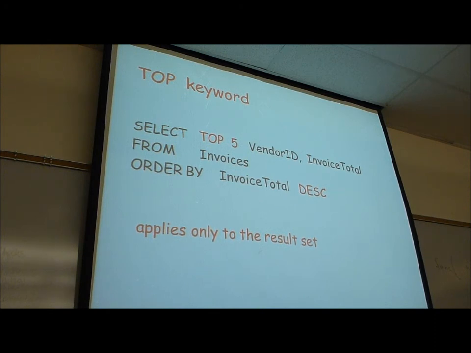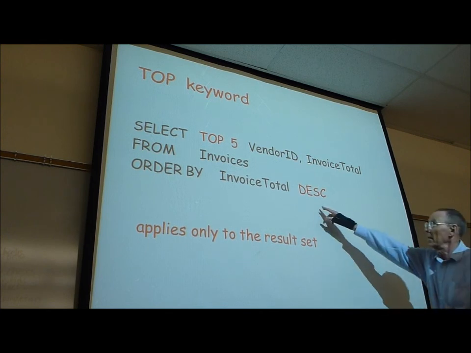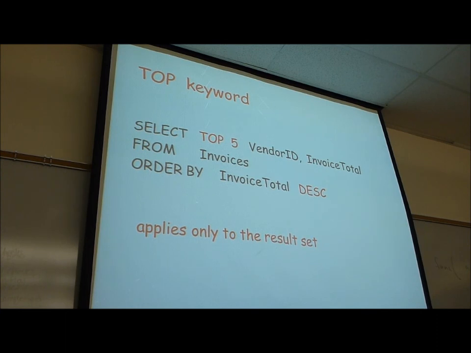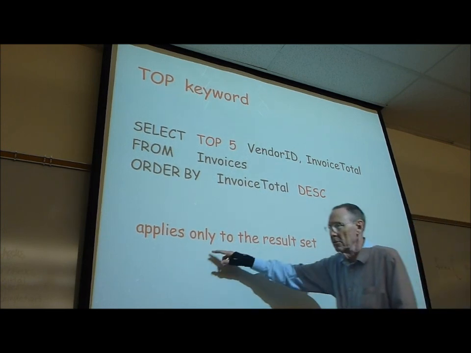So in the case of invoice total, I'd like to make sure that the highest one is at the top, and the last one, the lowest one, is at the bottom. So this way I can see the top 5 or the top 10. It applies to the results.